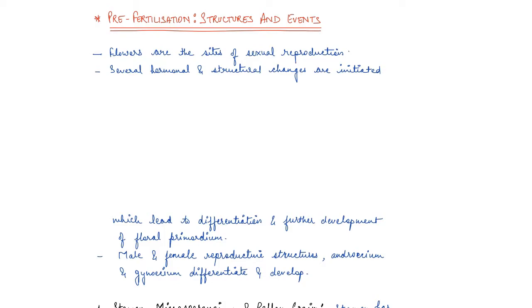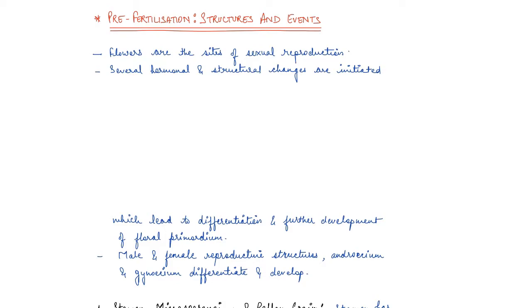There are several hormonal and structural changes which are initiated to lead to the differentiation and further development of that flower. Okay, so inflorescences are formed which bear the floral buds, and then the flowers are formed. Now, in the flower, the male reproductive structure being androecium and the female reproductive structure being gynoecium, that differentiates and develops as well, right?